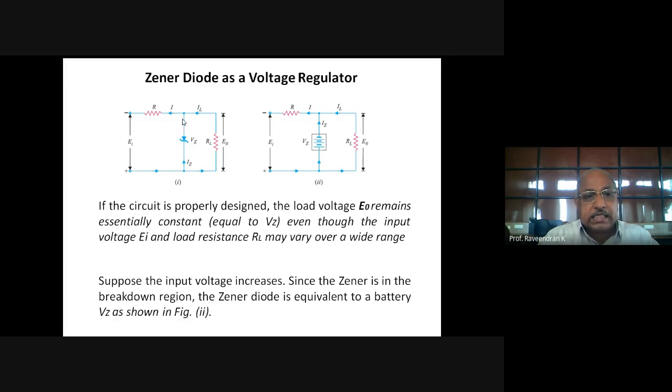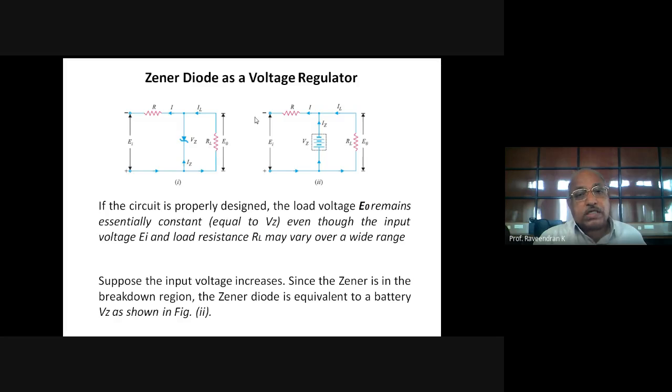So that increased IZ and IL will constitute the increased I, and that will produce a drop here, and that drop will maintain E0 constant. That is numerically equal to Vz. In other words, when the input voltage is increased, the output voltage is kept constant without any change.